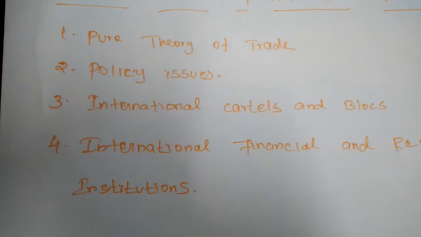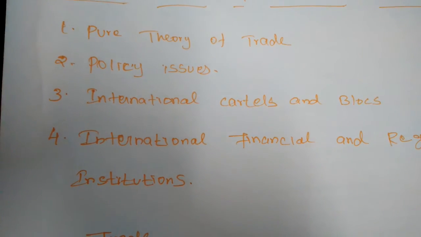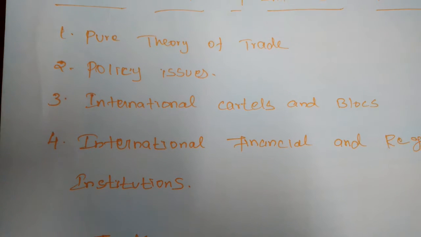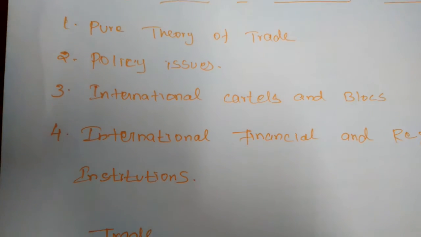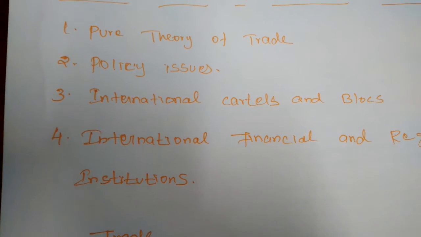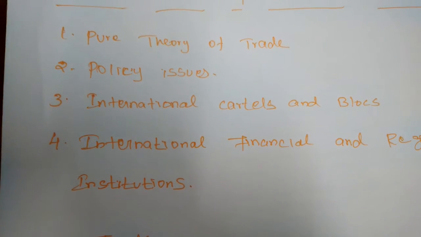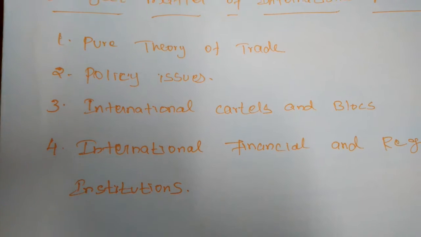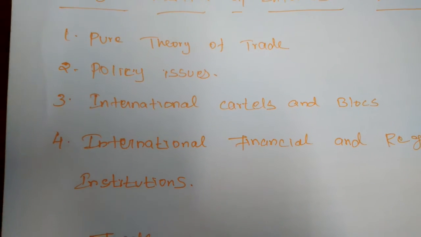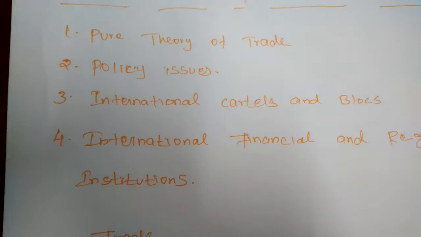The next one is policy issues. Under this part, the policy issues are free trade versus protection, the methods of regulating trade, and the capital and technology flows, how capital and technologies flow from one nation to another, and the use of taxation.